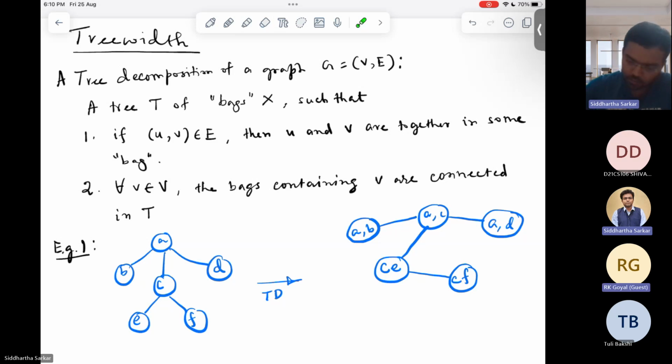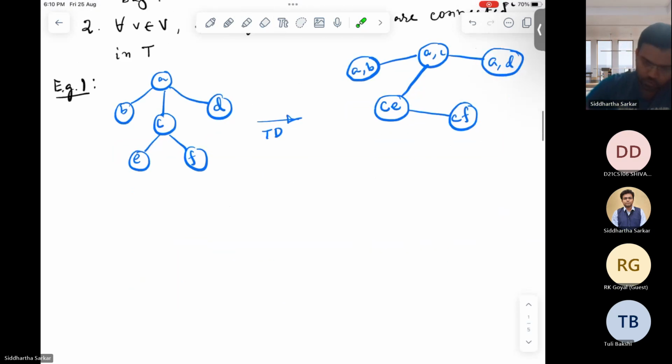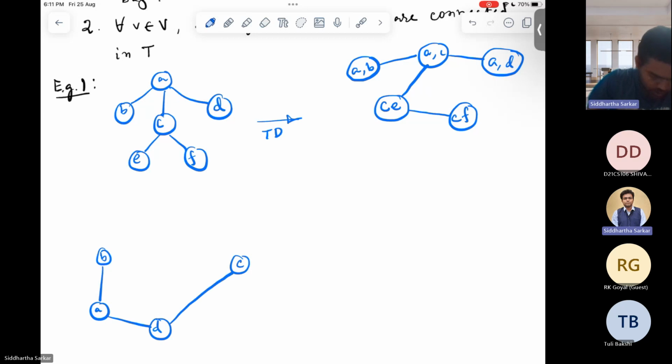Correct. So let's take one more example. For the sake of clarity, let us say we have this graph: A, B, C, D. C are connected.